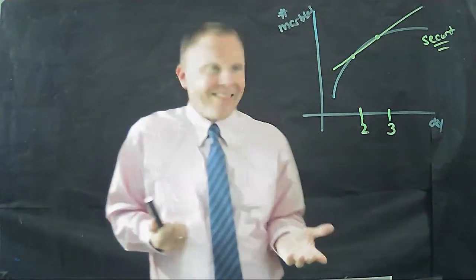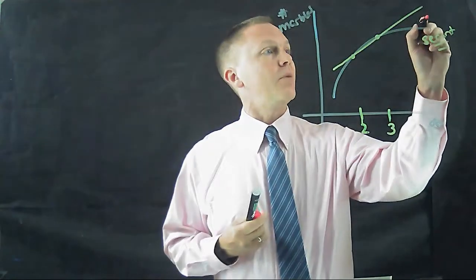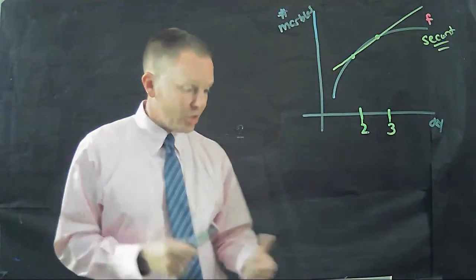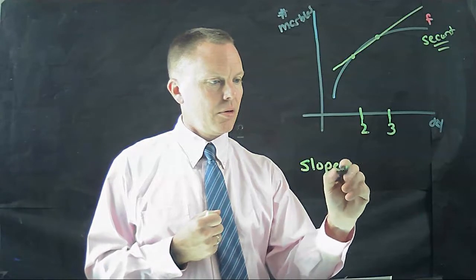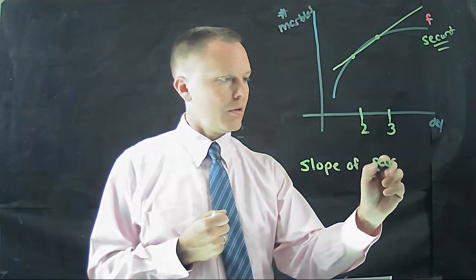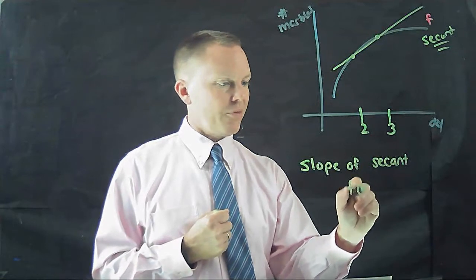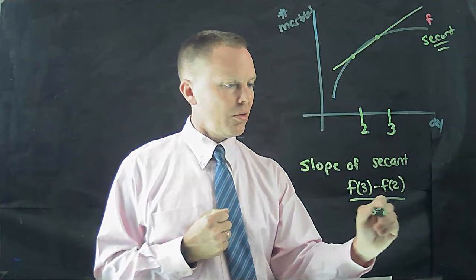So if we called this function f, which I'm sorry I didn't name him f. Hello, f. Okay, if we called that function f, the slope of that secant line would just be f of 3 minus f of 2 over 3 minus 2.